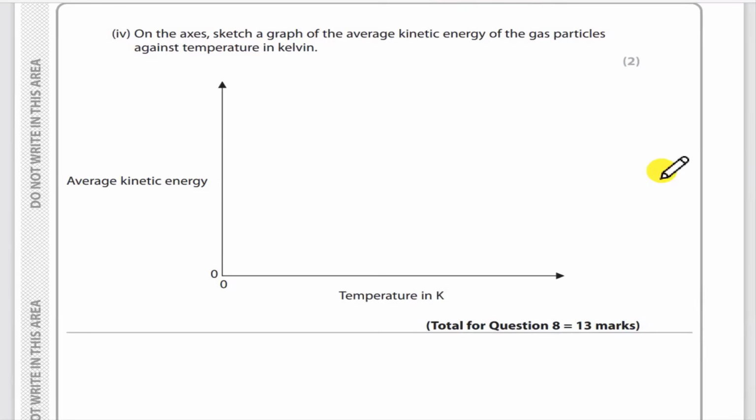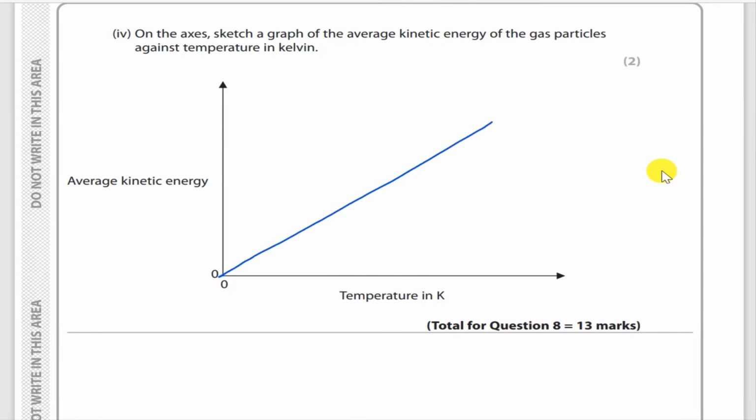On the axis, sketch a graph of the average kinetic energy of the gas particle against temperature in Kelvin. Like this one. Because at 0 Kelvin, the average kinetic energy will be 0.